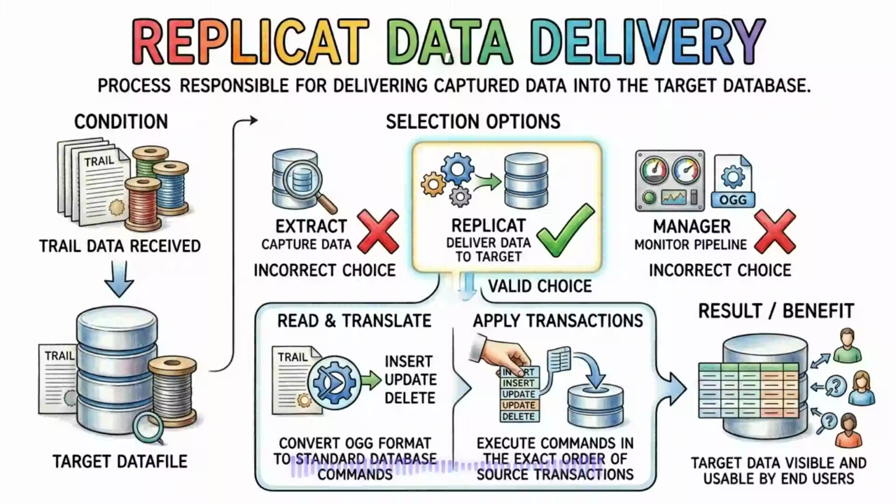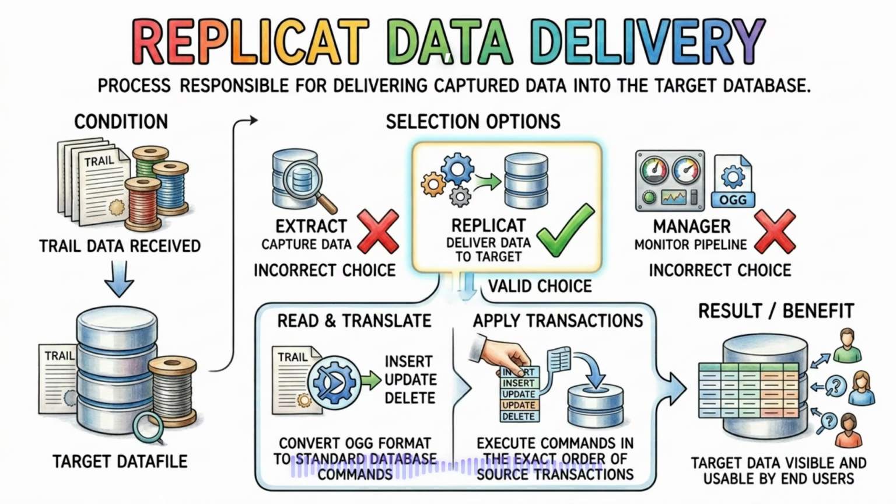On the opposite side of the pipeline, we have the Replicat process. If extract is responsible for capturing the data, Replicat is responsible for delivering the data into the target database. The Replicat reads the incoming trail files, translates the GoldenGate data format into standard database commands, and applies them to the target system.